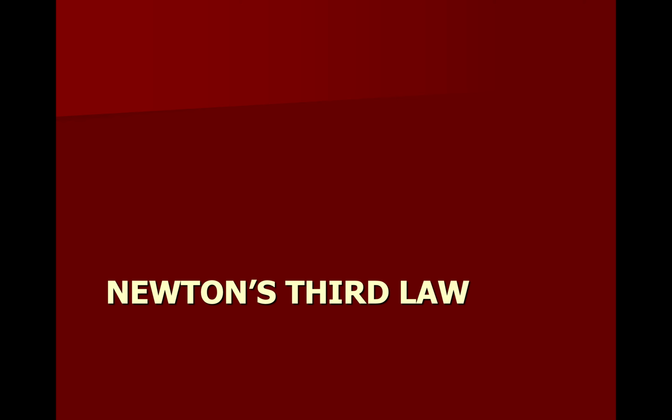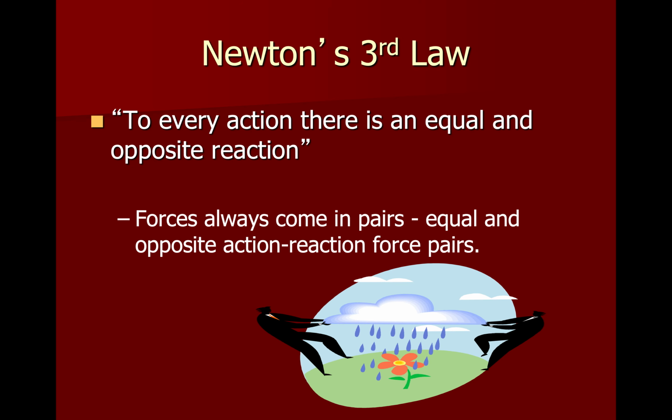Now Newton's third law, there isn't a name for it per se, it just simply states that to every action there is an equal and opposite reaction. So what that means is that forces always come in pairs, and they're always equal and opposite, what we call action-reaction force pairs.